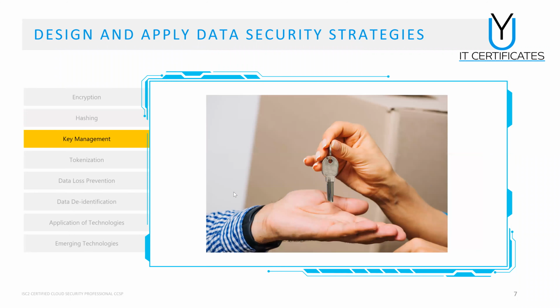The other concept for data security is key management, and we will discuss this in more detail. Key management for data encryption is again a very important issue, especially if you have public and private keys. This means you have to create a public-private key pair for each user or each system.